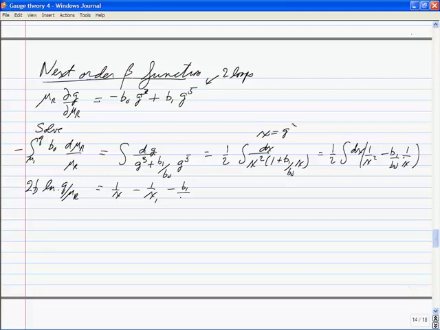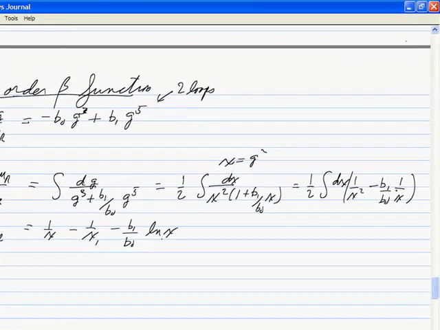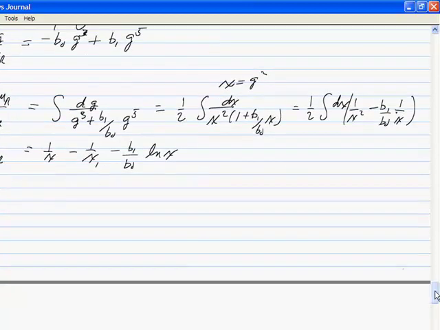It's 1 over x, and then I have b0 log x. All right. What I wanted to get is that log piece there. So the next piece in this expansion goes like log x. Remember, x is g squared. So this is 1 over g squared.